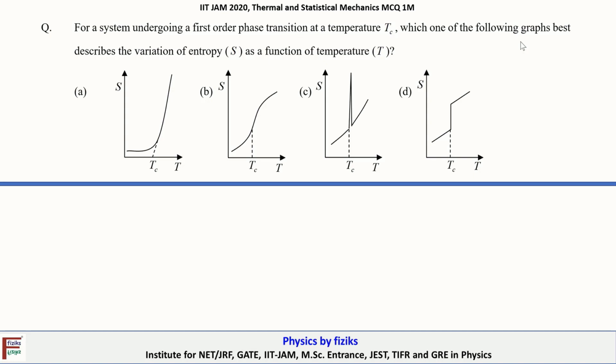So let's try to understand the first order transition. In a first order transition, the Gibbs free energy is continuous.